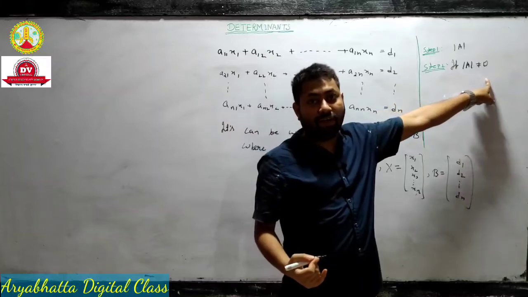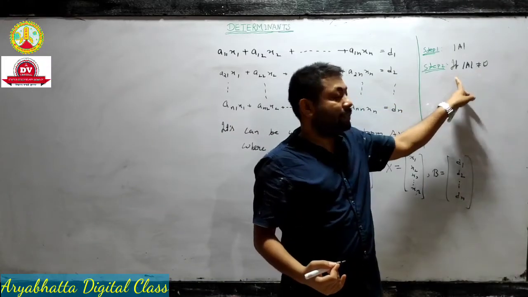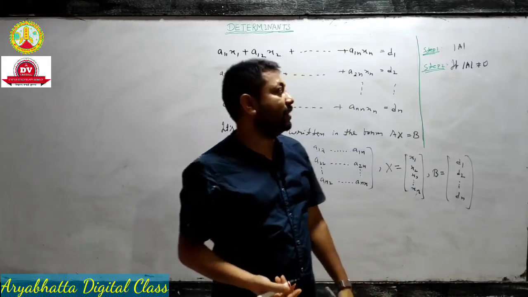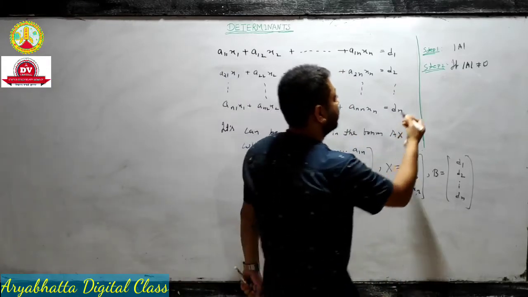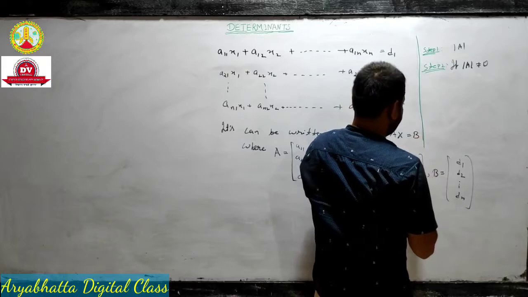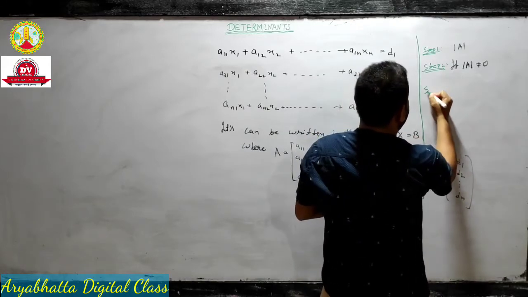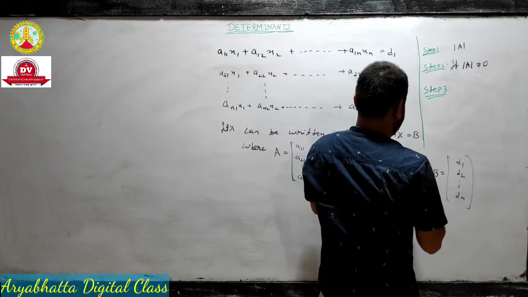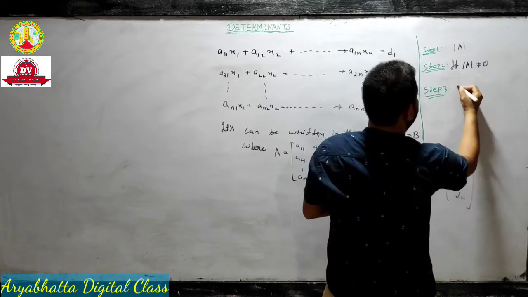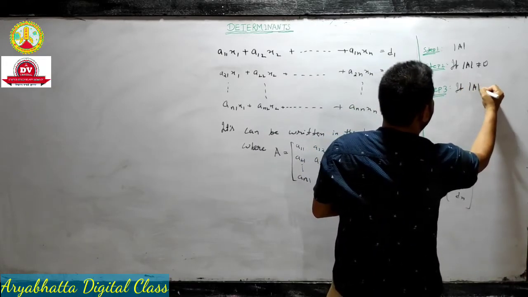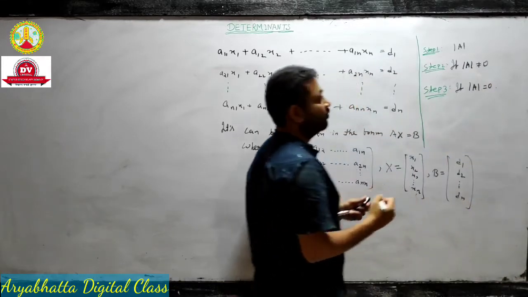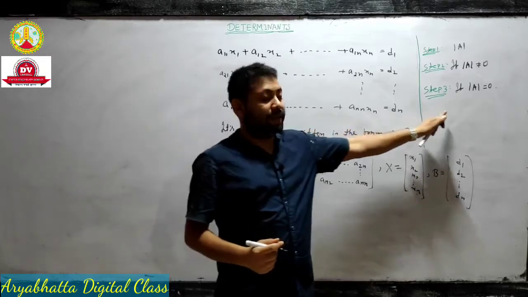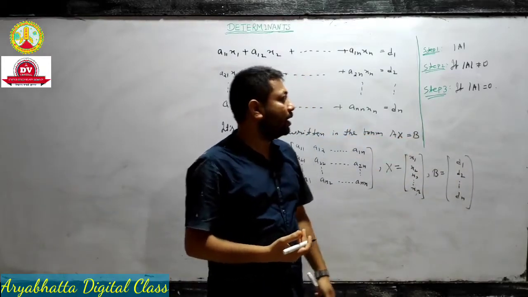Step 3: if the determinant of A is equal to 0, then the system of linear equations is inconsistent, then it has no solutions.